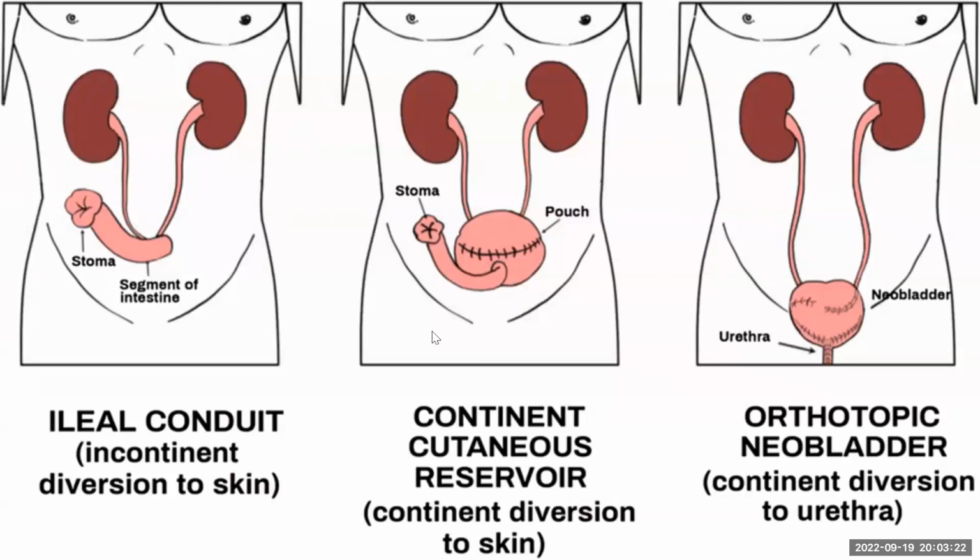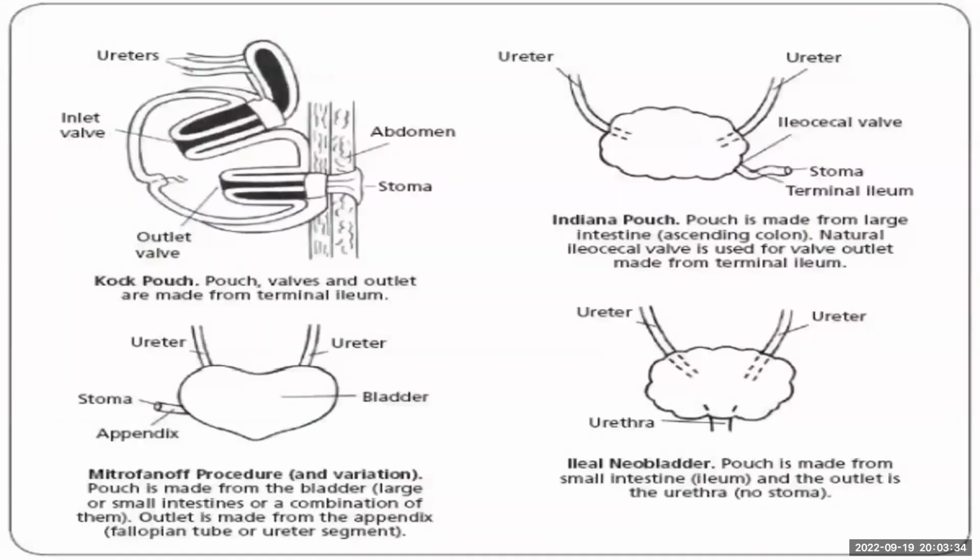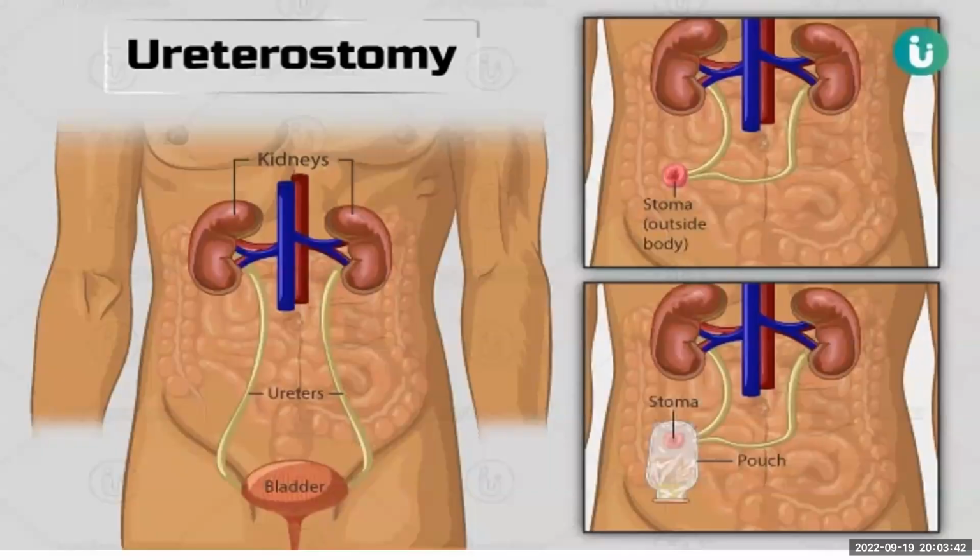This is how the pouch is made, and how the neobladder or the orthotopic neobladder is used. You won't get any questions from here. And this is also how the stomas are checked and adopted. See how the Kock pouch is used. No, you won't get questions from this.